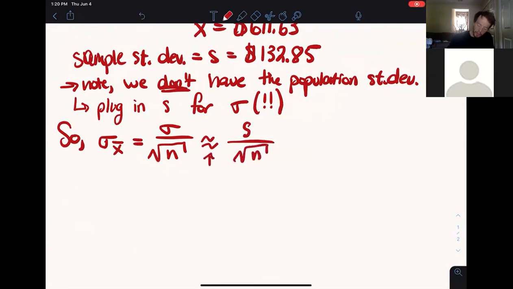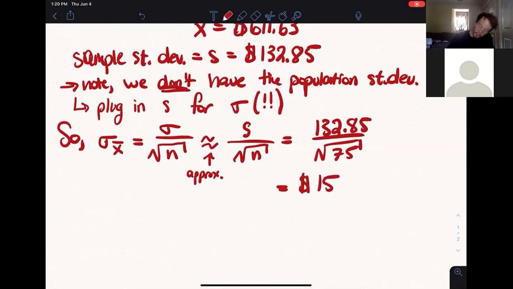And I put this here because technically, we're approximating the standard deviation of the population with the sample standard deviation. And we can proceed forward. So 132.85, our sample size was 75, right? Which will put us at $15.34 as our standard deviation for the mean.